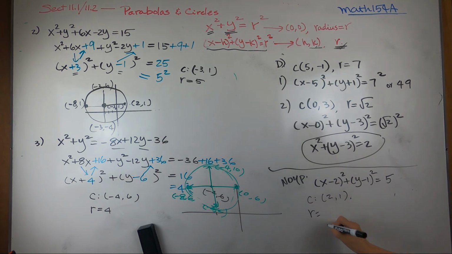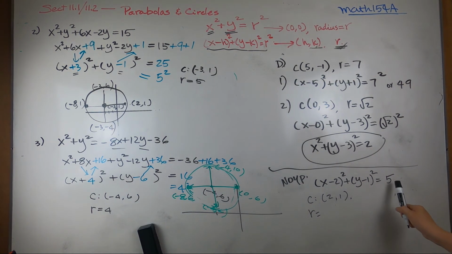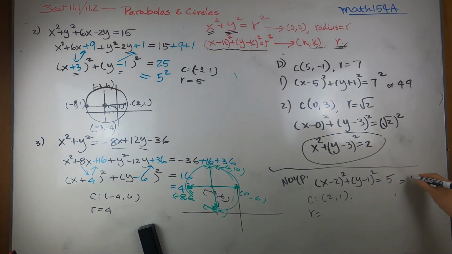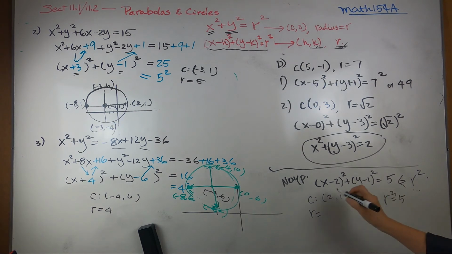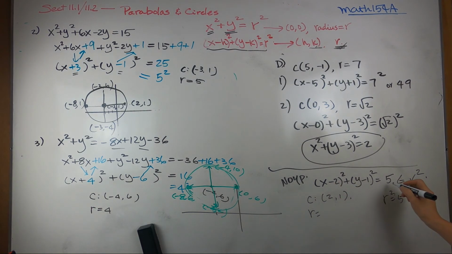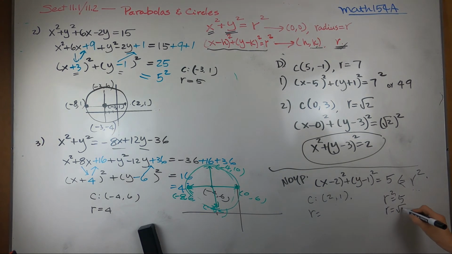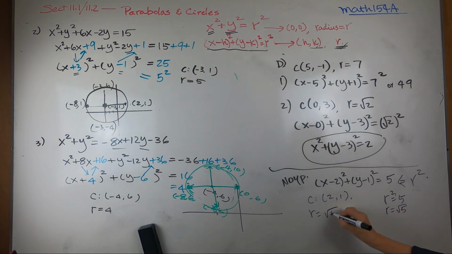But what's your radius? 5 is what? R squared. Then what's your R? R squared is 5. Then if it's written this way, that means what? R is what? Find R. Square root of 5. That would be your radius.